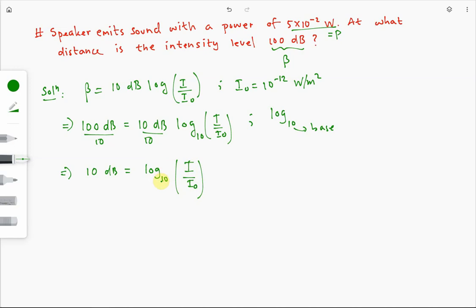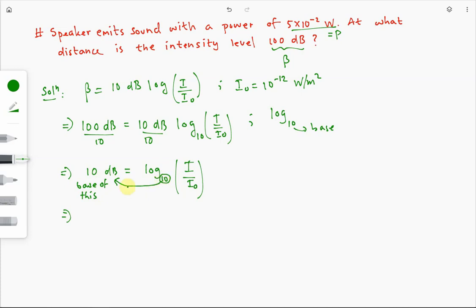When you take this base to the other side, the base number always remains a base. On the right hand side it was the base of the log, on the left hand side it will be the base of 10.